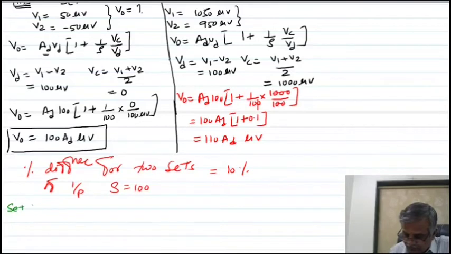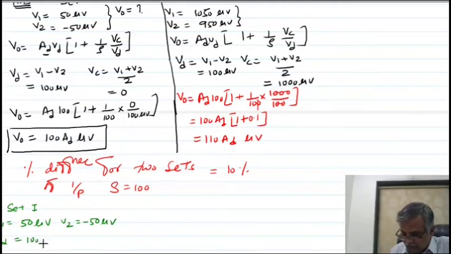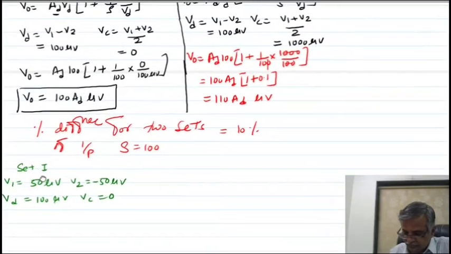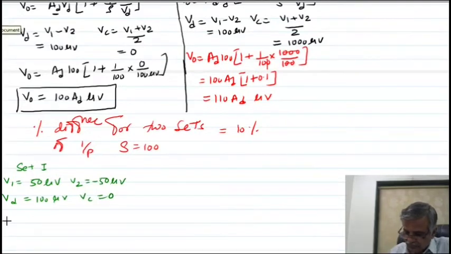For set 1, V1 is 50 microvolt, V2 is minus 50 microvolt, so Vd is 100 microvolt, Vc is 0, rho is 10 raised to 4.